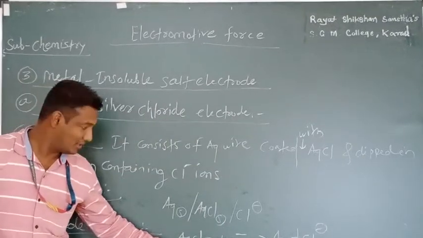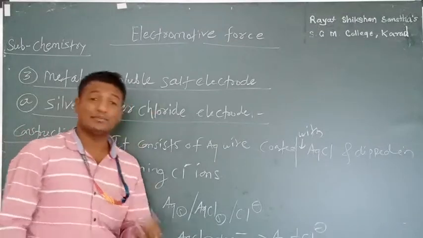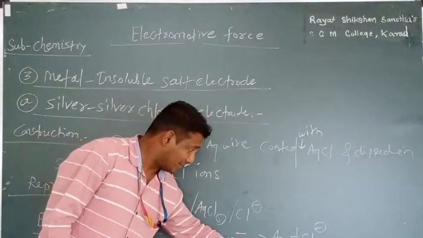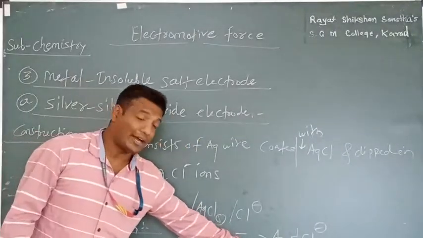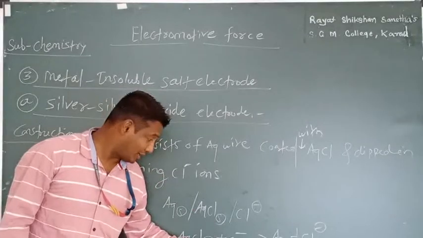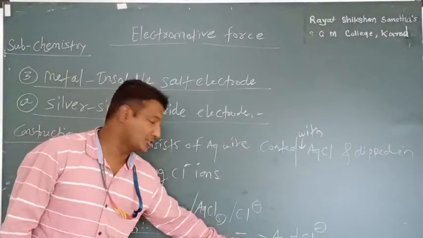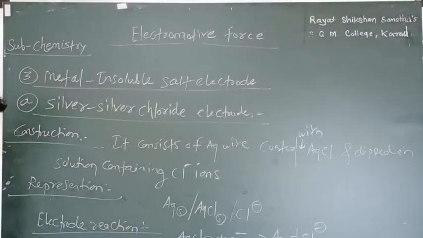Silver chloride gains a single electron. Then there is a formation of Cl minus ions. Don't write down Ag plus here, okay? We are considering only one electron. Only write down Cl minus ions. So this is about the electrode reaction.